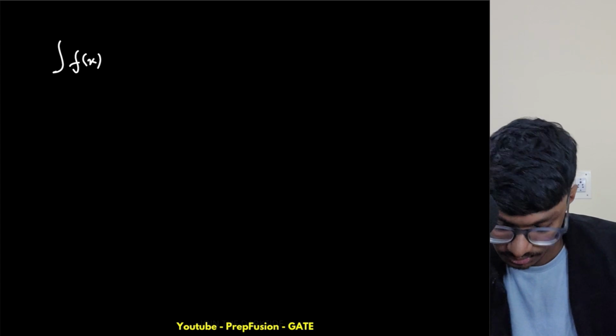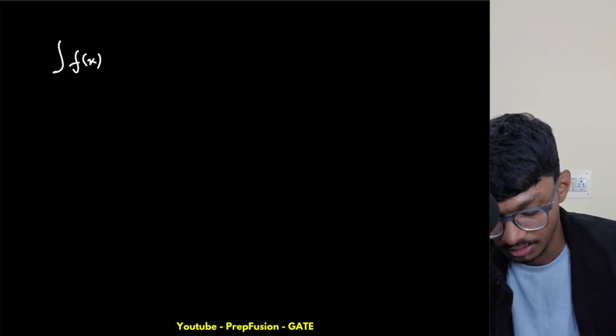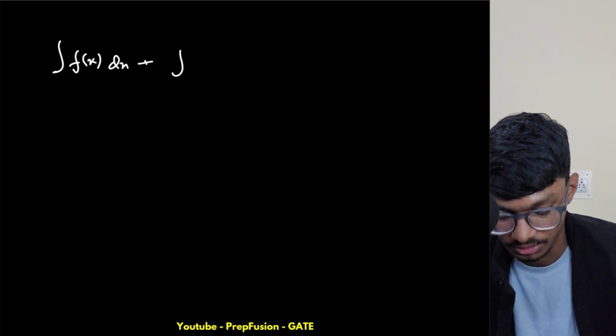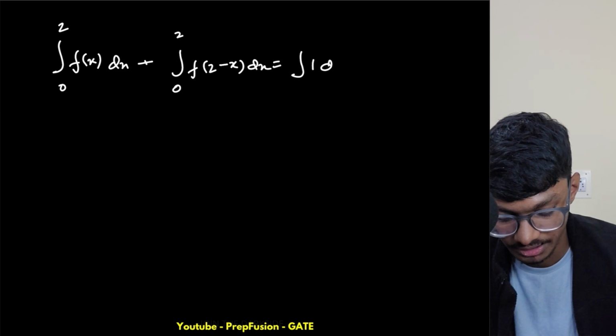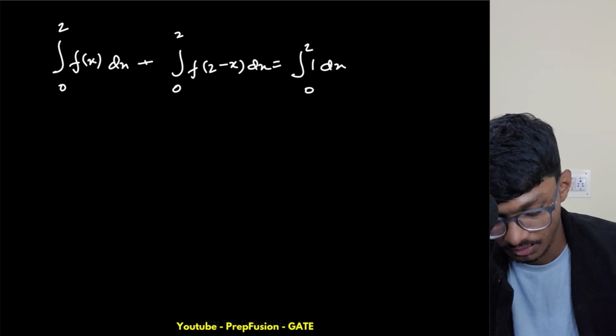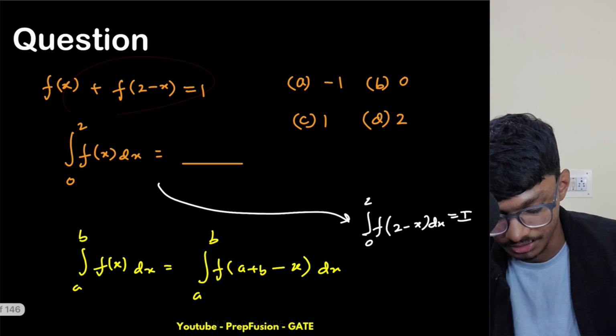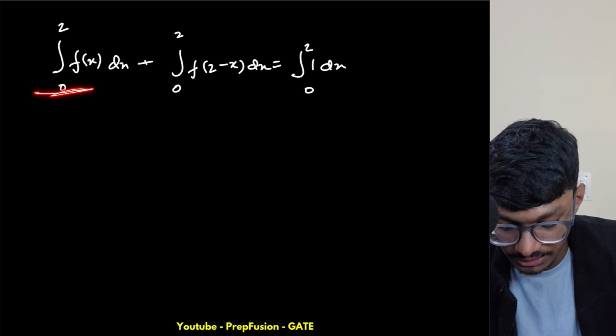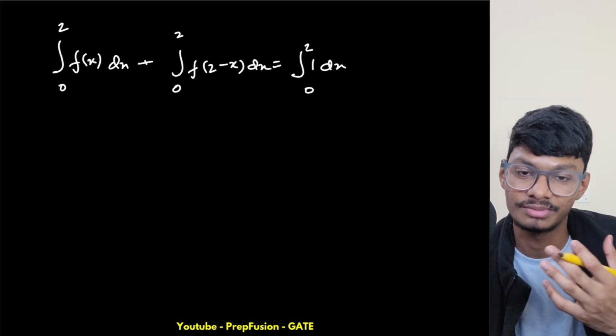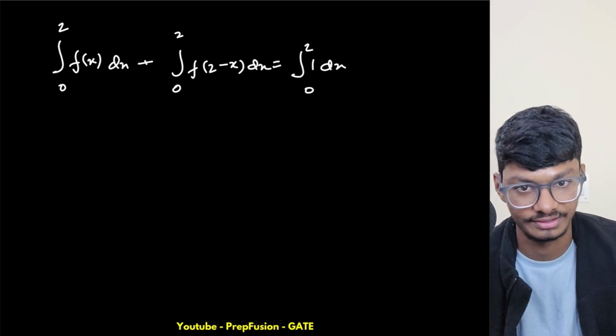f of x dx, the first equation, plus integration 0 to 2 of f of 2 minus x dx will be equal to integration of 1 dx from 0 to 2, just integrating this equation. So I have named this as I, because this is simply just area, definite integration.